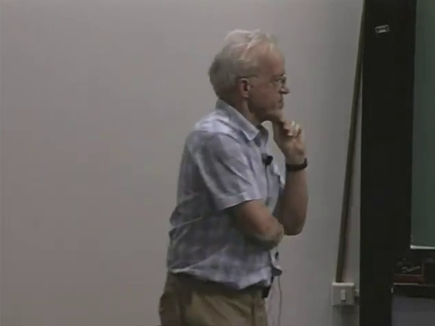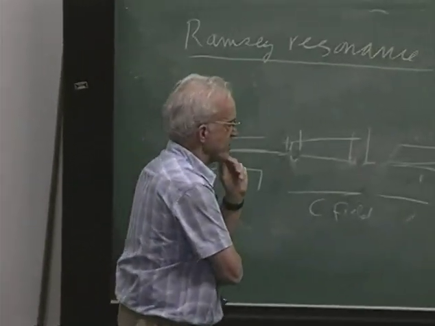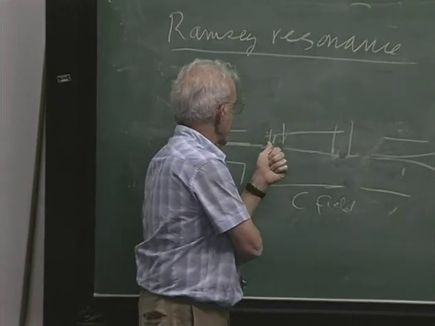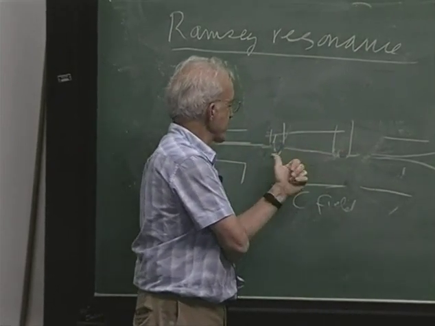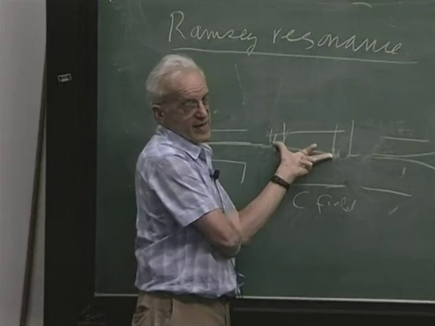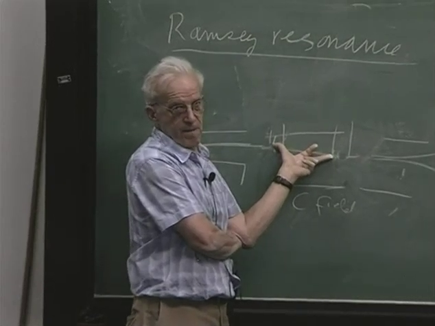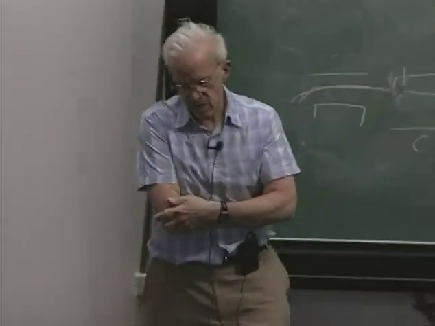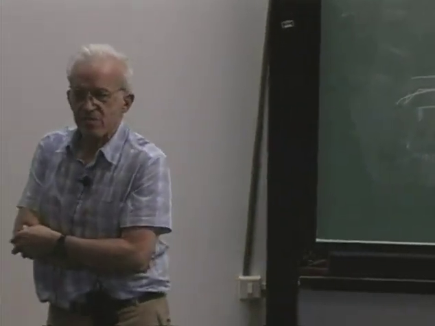And as occurs in all interference, if you try to do some more experiment to decide whether the atom is flipped over here or whether it's flipped over there, the interference goes away. This is maybe the first example of really atom interferometry. Okay?